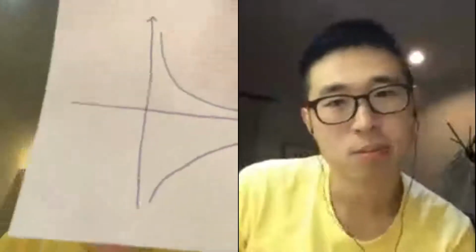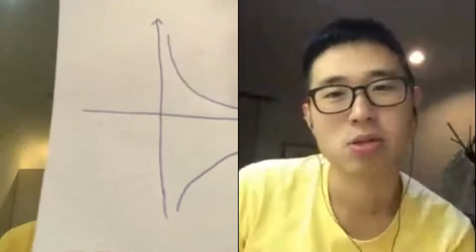Yep. Something like this. Okay, cool. So both of them have asymptotes at the x-axis and the y-axis. Your y-axis is potential, V as a function of R.